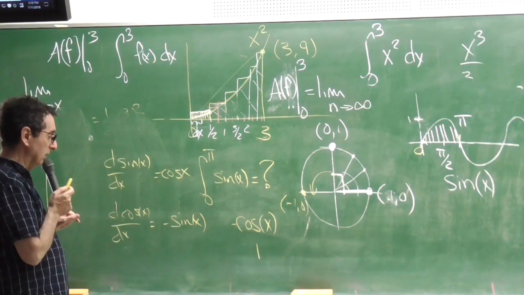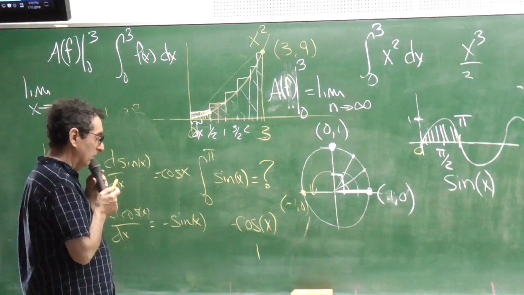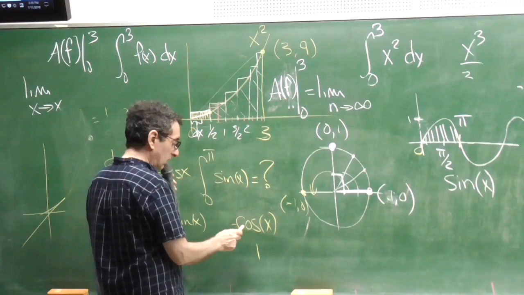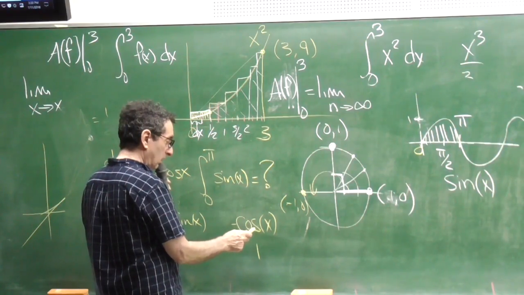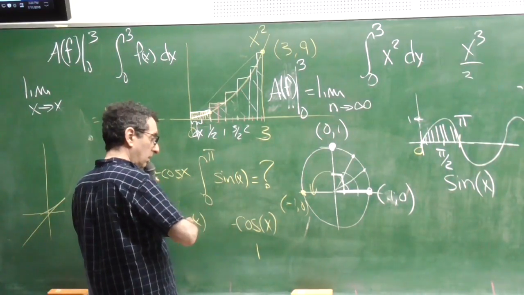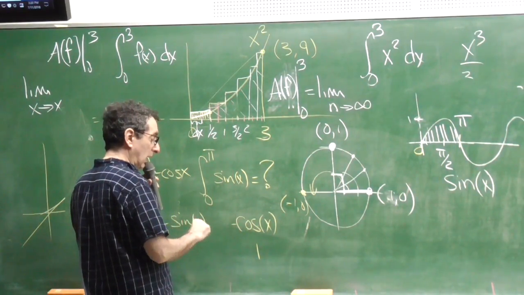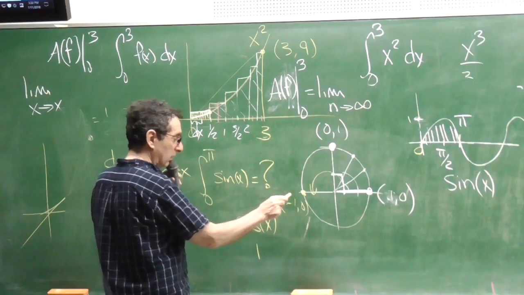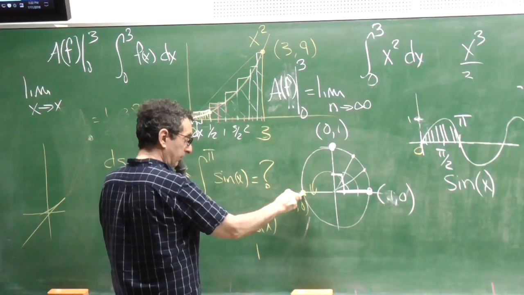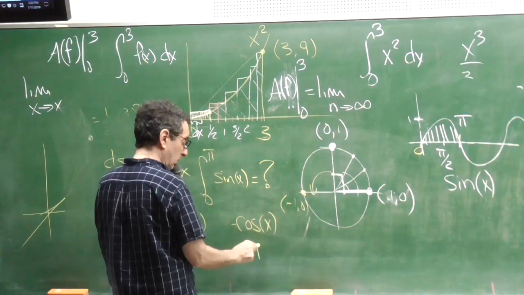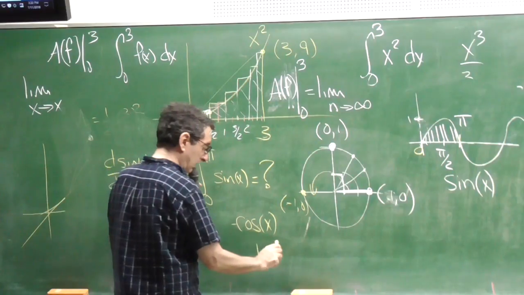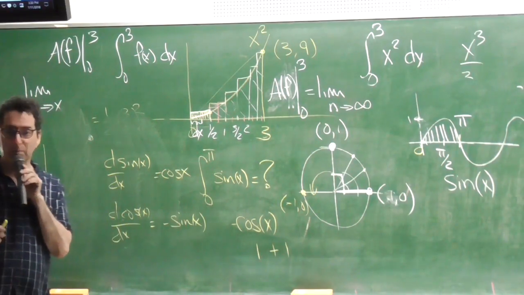Okay, I think I see what I did wrong. So this is minus cosine of pi, minus cosine is negative 1, gives me 1 minus... yes, it's plus 1.